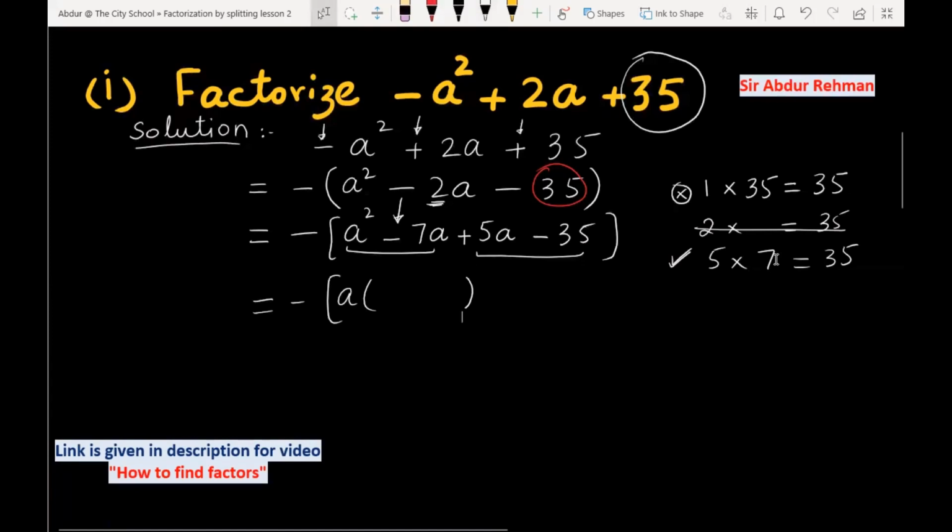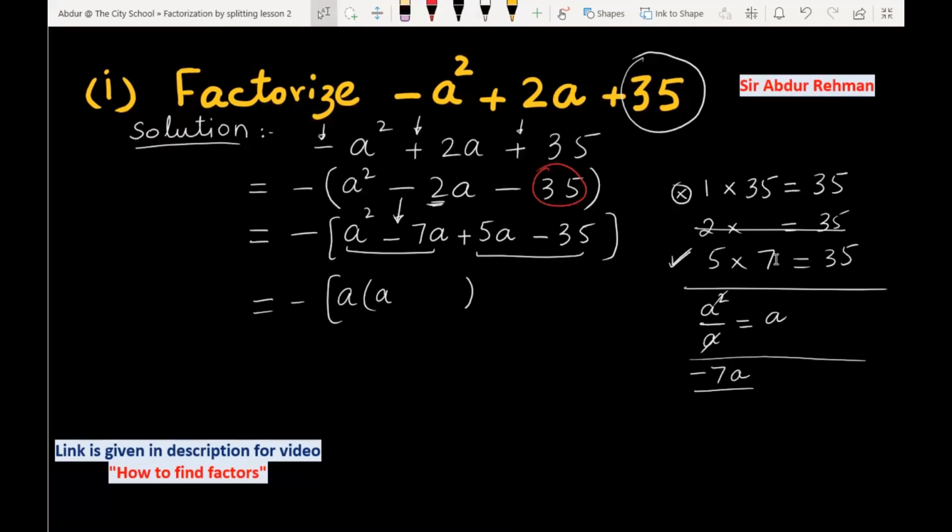So a square divided by a, we will get positive a. So I'm going to write positive a here. And negative 7a divided by the common a, a is cancelled, minus 7. The second one is minus 7 here.